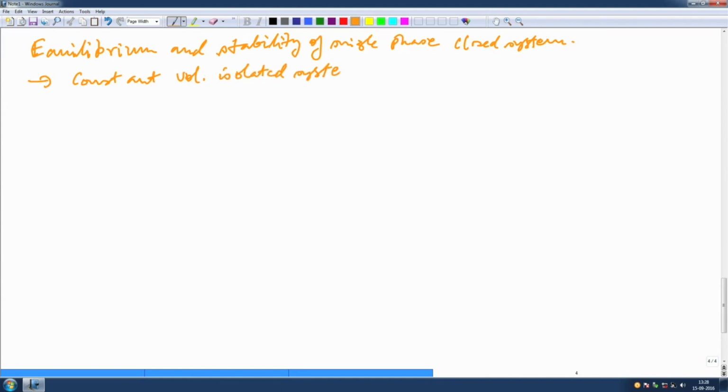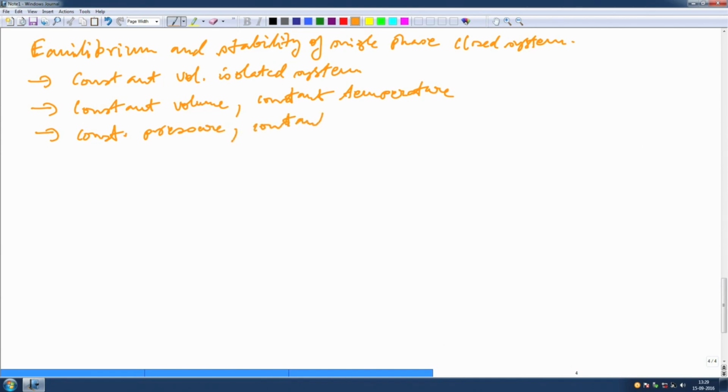From your previous knowledge of thermodynamics, you already know what a constant volume isolated system can be. If you consider the system as constant volume, constant temperature, the system can also be of constant pressure, constant temperature. Okay. So, we will see three possible systems over here.